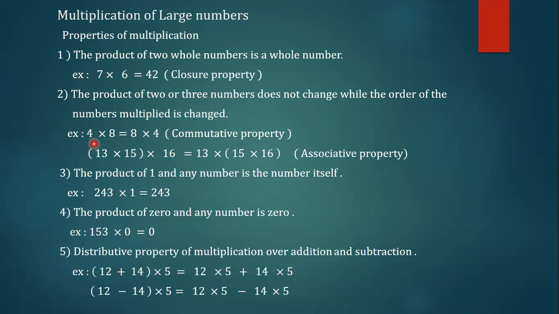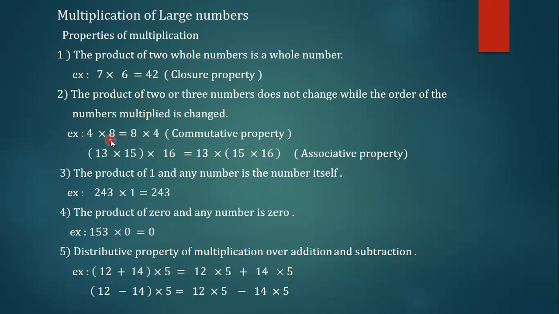For two numbers it is called commutative property. If you have three numbers, it is associative property. Commutative property states that multiplying two numbers and changing their order, the product remains the same.